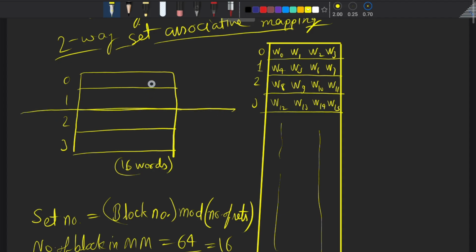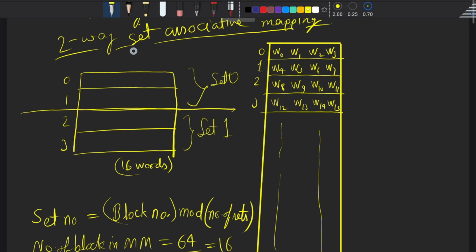Here you can see that in each part there are two cache lines. Let us name this set 0 and this set 1. First of all, you shouldn't be confused that since we are dividing cache memory in two parts, therefore it is called two-way set associative mapping.